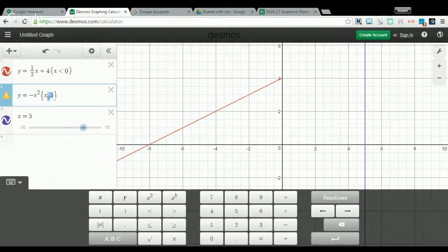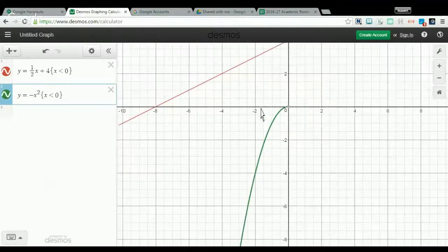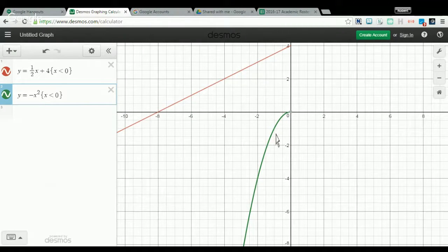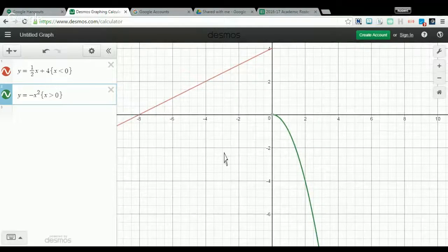So let's go less than 0. So that's the part that's on the left. Now we wouldn't want to graph this as a piecewise function, because is that a function? This picture right here is not a function, because this would fail the vertical line test. Okay, so if I wanted it to pass the vertical line test, I got to make one of these greater than, one of them less than.